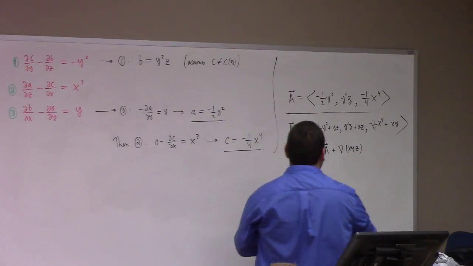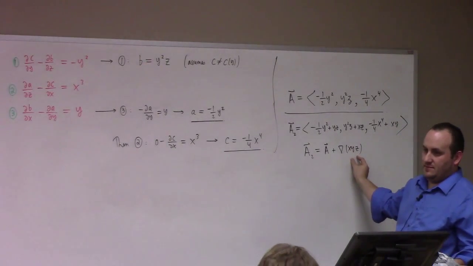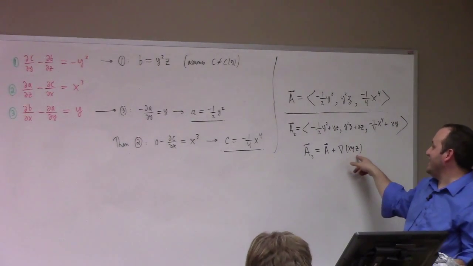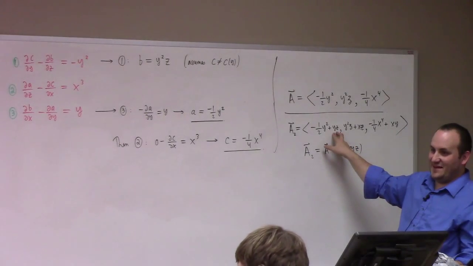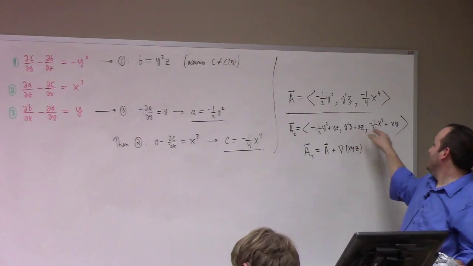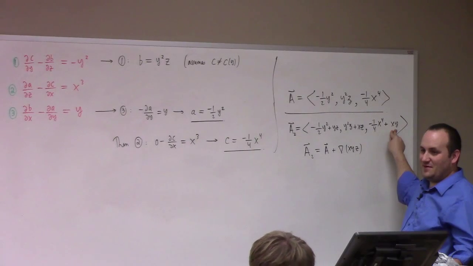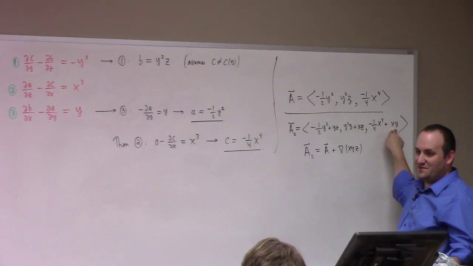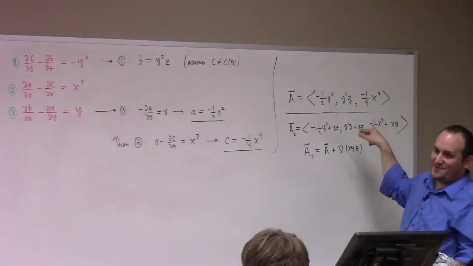I mean, more generally, you could just add the gradient of any function. This is nastier, right? I even have a function of y and z here in the x part, a function of x and z here in the y part, a function of x and y in the z part, but they're done symmetrically, so that when you calculate the curl of these new terms, even though they're non-trivial, they will cancel.